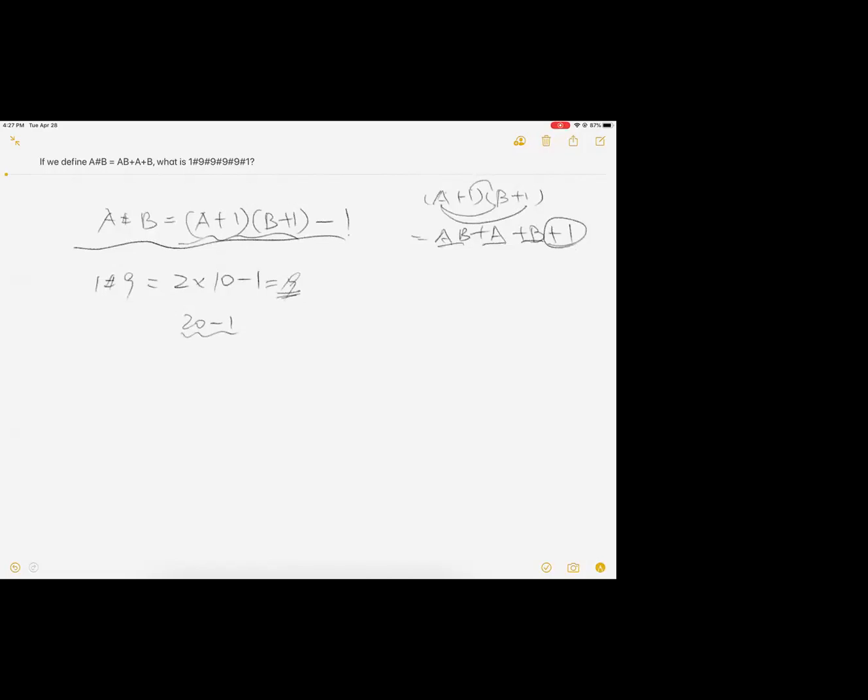And then you do 1 sharp 9, sharp 9. That becomes 20 minus 1 plus 1, right? Yeah. Times 9 plus 1. 9 plus 1. So the minus 1 and plus 1 cancel out. Okay. So it gets 20 times 10 minus 1, so it's 200 minus 1.